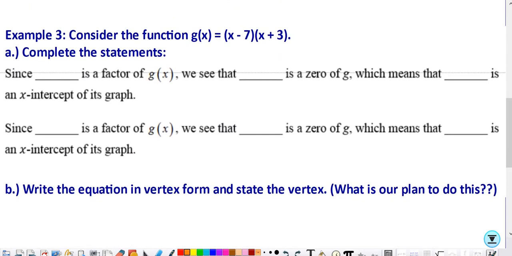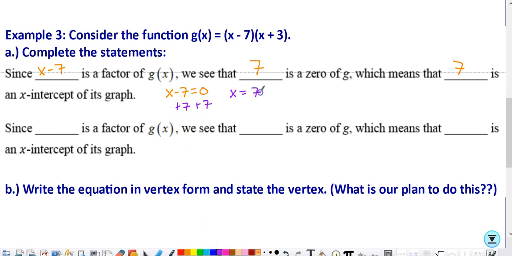All right, last one. Consider the function x minus 7, x plus 3. Complete the statements. Since x minus 7 is a factor, we see that 7 would be a 0, which means that 7 is an x-intercept. Because when does x minus 7 equal 0?